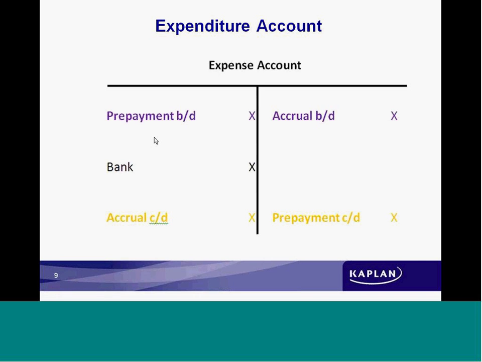I think this is essential, so at least copy this down, because you're building the picture of what your expense account should look like. Your accruals carried down and prepayments carried down are those that relate to this financial year.